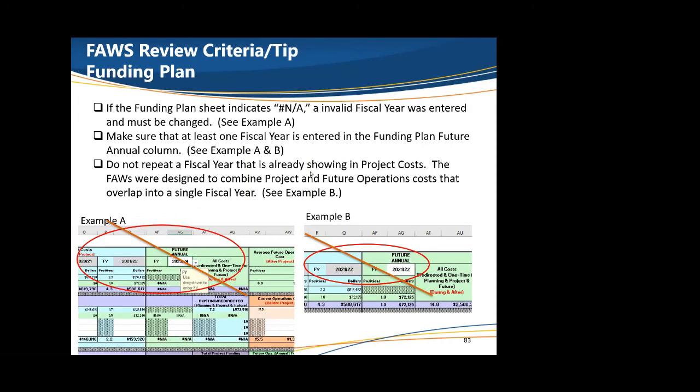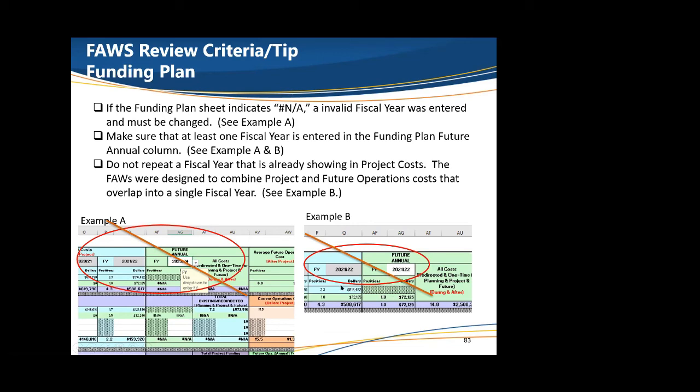So, a couple key things. If you ever see an NA in your future ops tab, it means that an invalid fiscal year has been used. I mean, sorry, in your funding plan. You need to make sure at least one entry is entered in your future ops for future annual costs.